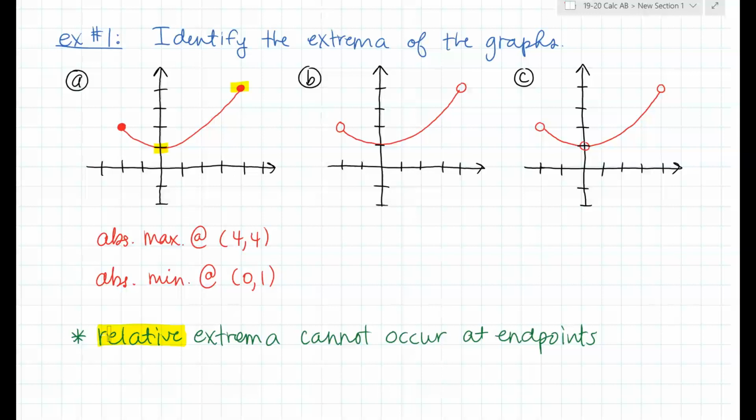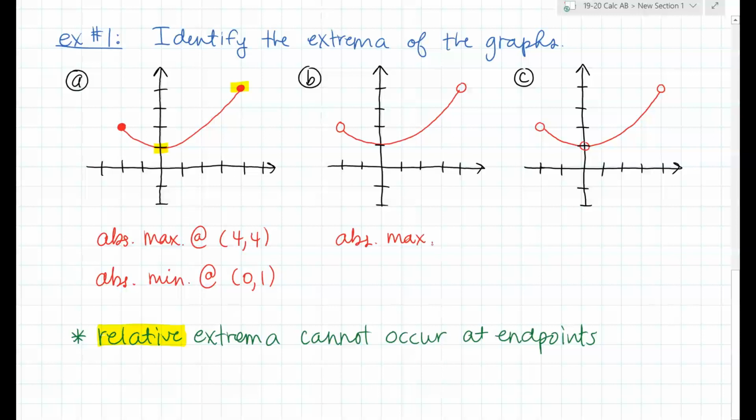Does it have an absolute extrema? Or absolute maximum? Is there a highest point that you can see? Nobody wants to respond? Well, give me a guess. Yes or no? You got 50-50 chance.